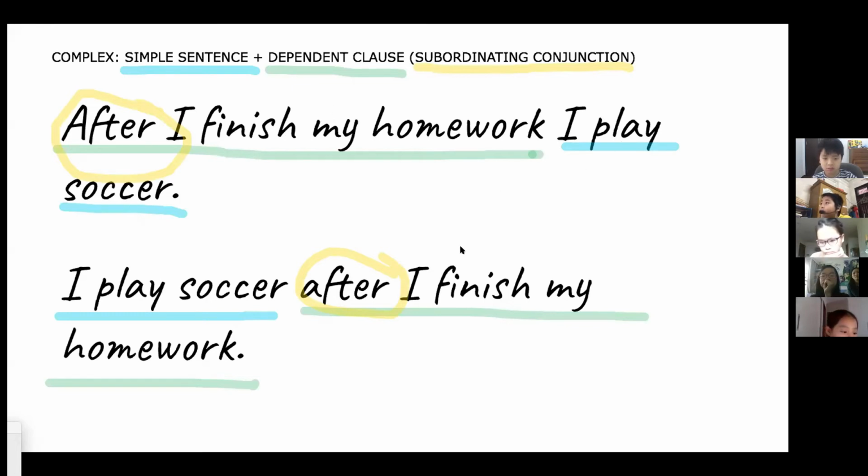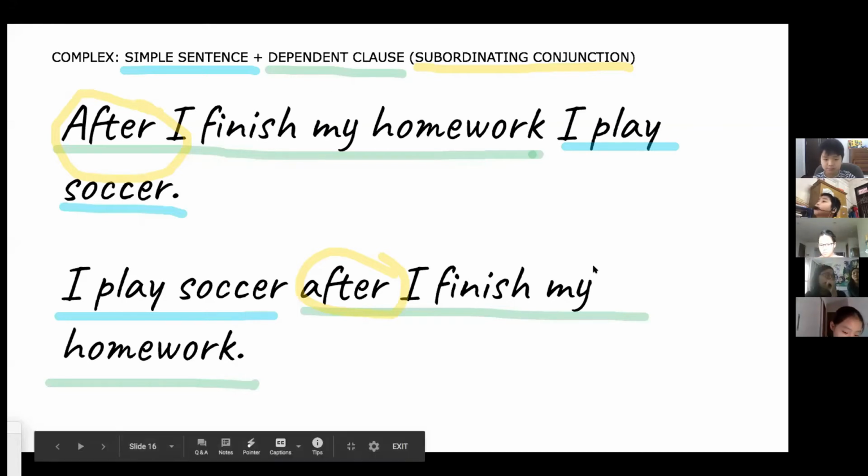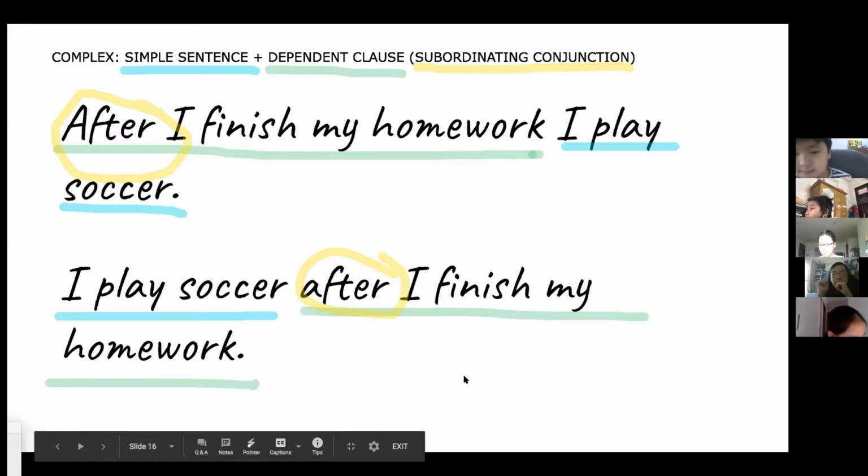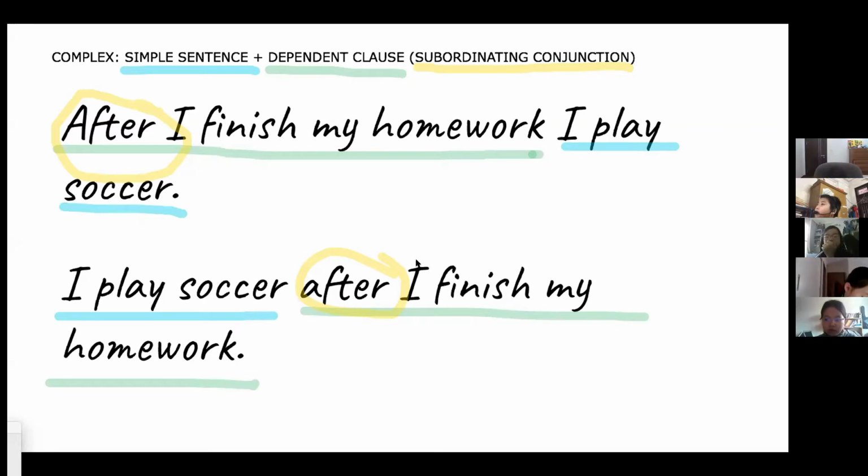So which one of these sentences needs a comma in the middle? I play soccer, comma, after I finish my homework. Are you sure? Remember, we need a comma to separate the two only when our subordinating conjunction is at the beginning. The first sentence. Okay, and where do I put the comma?